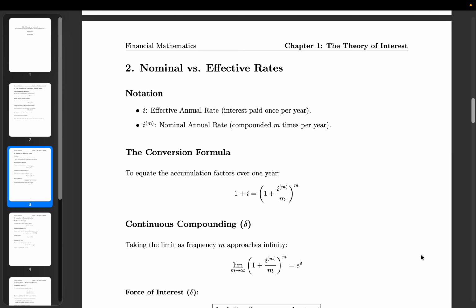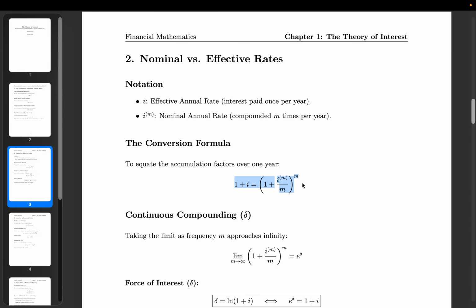Now, if you compound 1.5 percent 12 times, you don't end up with 18 percent. You end up with more. The formula in the book relating the effective rate i to the nominal rate is 1 + i = (1 + i^(m)/m)^m.